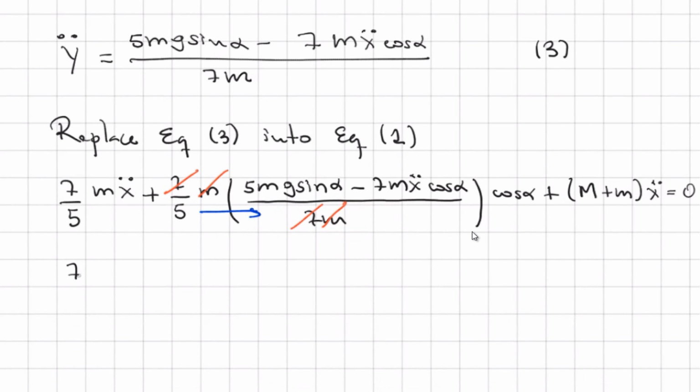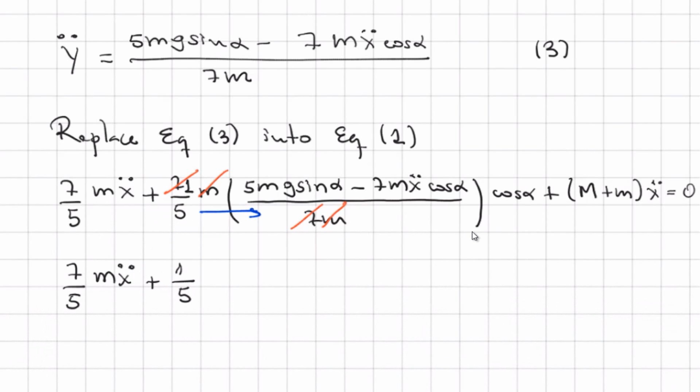We have 7/5 of the mass x2 dot dot. Here we have like 1, so this is like having 1 dividing 5, right? This is like 1 dividing 5 that we have here.